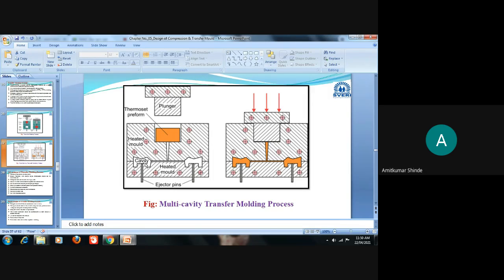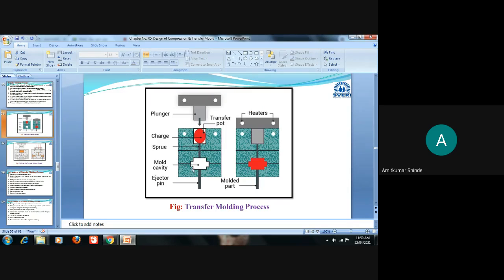So you have to take this into consideration: these are attached on the flat surface of the molded part, so that easily you can remove it. This is the molded part. On the flat surface you are going to attach it. So these points you have to take into consideration while using these ejector pins and their positioning.